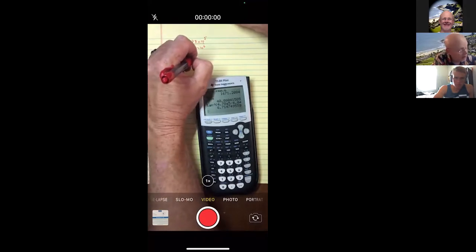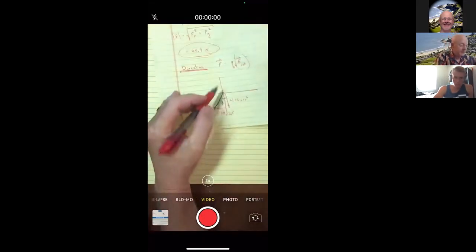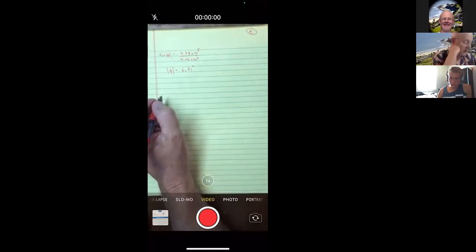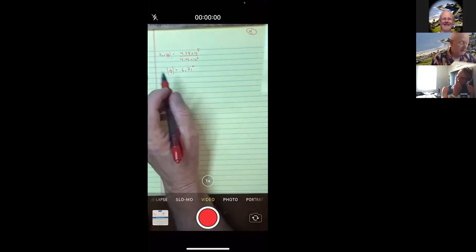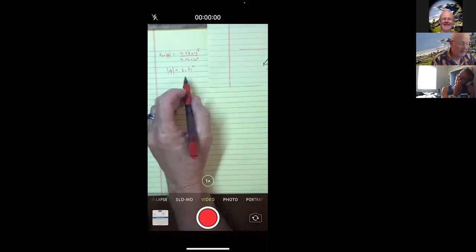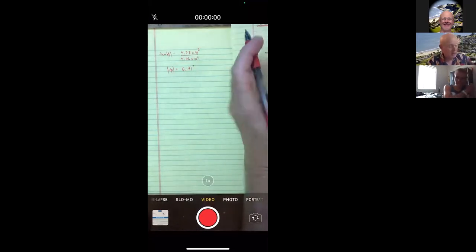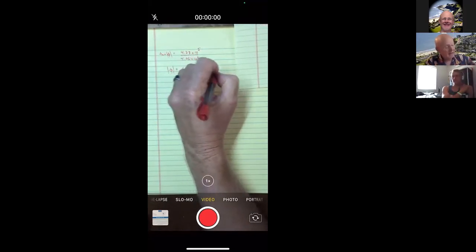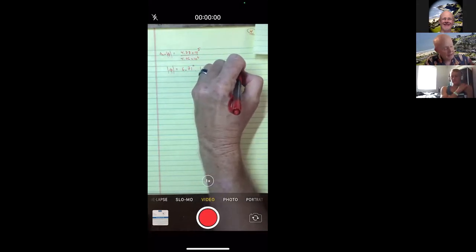It's only 6.71 degrees off of straight down. There are different ways to write this, but maybe I'm going to say 6.71 degrees left of straight down.